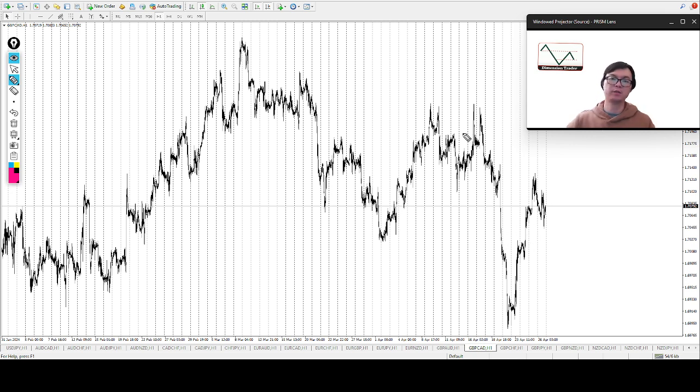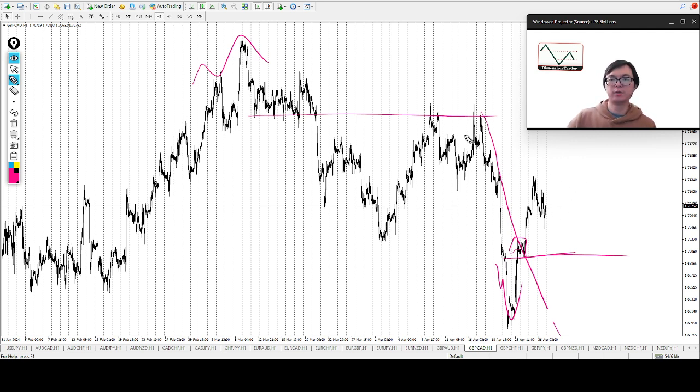Pound CAD. We see the bottom, we see the top. We have the resistance, but pricing broke. This tiny support might not hold for the long in the hourly chart.